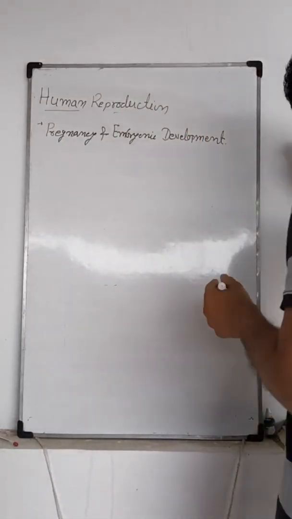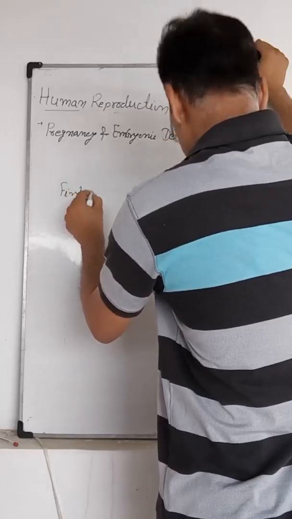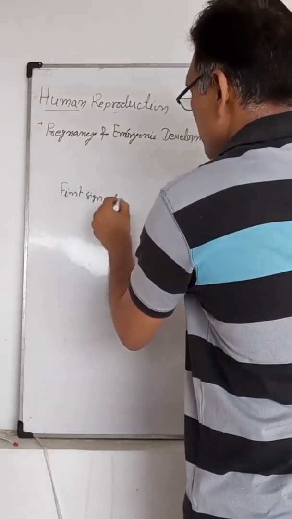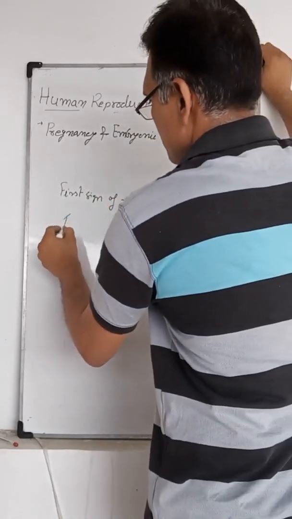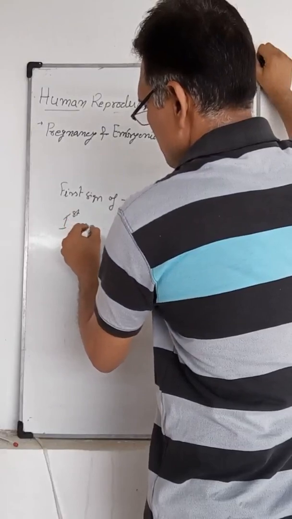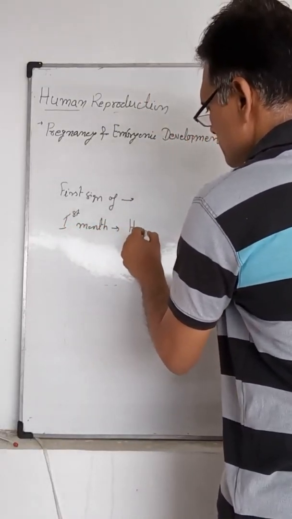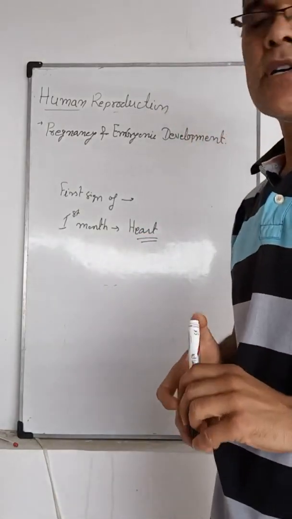The first sign of the growing embryo appears after the end of the first month: the heart is formed. We can observe the heart activity with the help of a stethoscope.